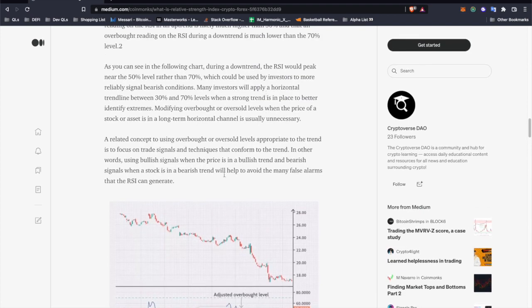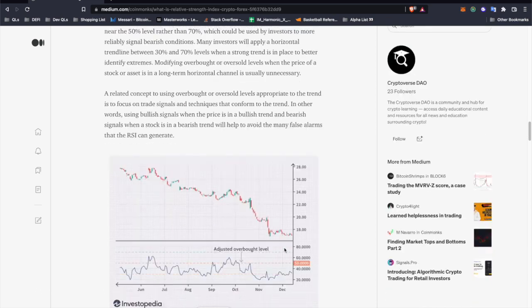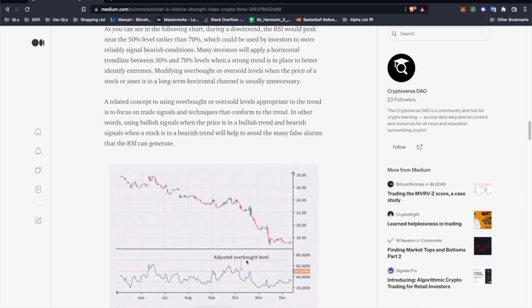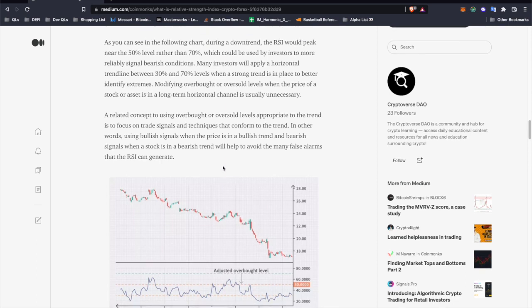So as this chart shows, during a downtrend, it peaks near the 50, this line here, not to the 70. And this can be used by investors to more reliably signal bearish conditions. As you can see, it's making lower and lower lows. Plus, you can see the RSI dipping here. So this sell, you could have caught by using the RSI and price action and potentially a couple other indicators if you want them for that additional confirmation.